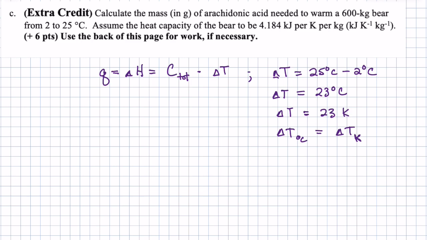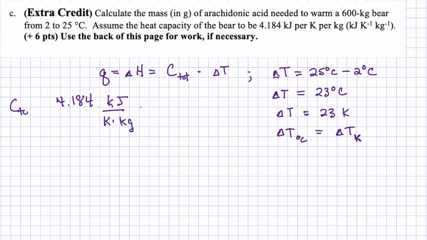All right, so that's delta T. What's C total? Well, we are given the heat capacity per Kelvin per kilogram as 4.184 kilojoules per Kelvin per kilogram. So what we need to do then is multiply it by the kilograms to get the total heat capacity.